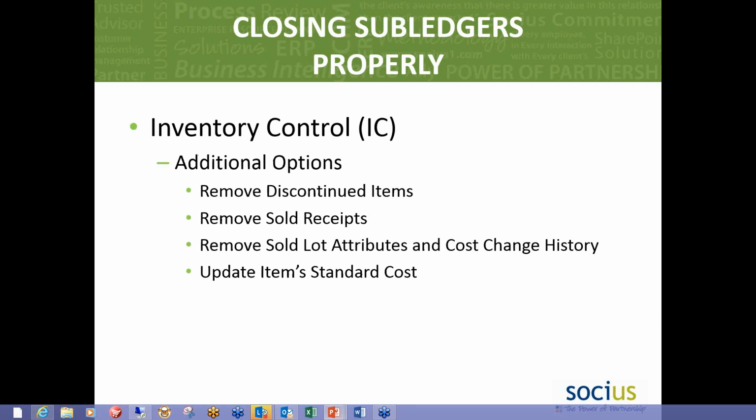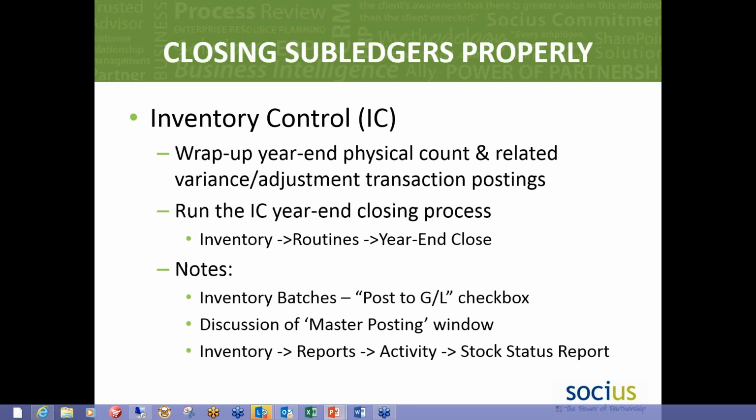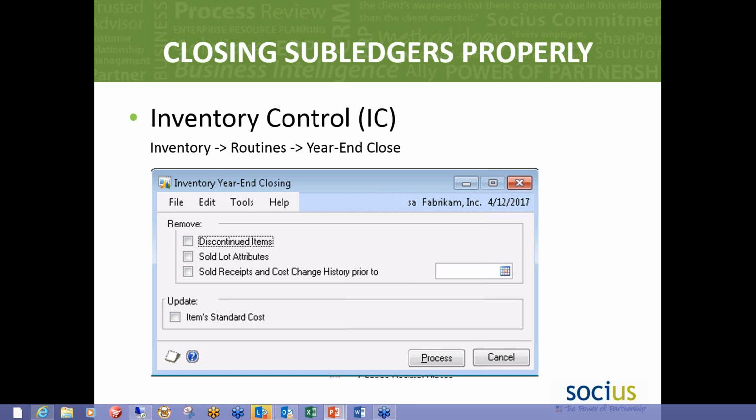All right, so there are some additional options that exist in inventory when you do the year-end close. And rather than looking at this screen, I'm going to show you real quickly a screenshot of that process. So in inventory, to get to the year-end closing process, you go into inventory and routines and year-end close.